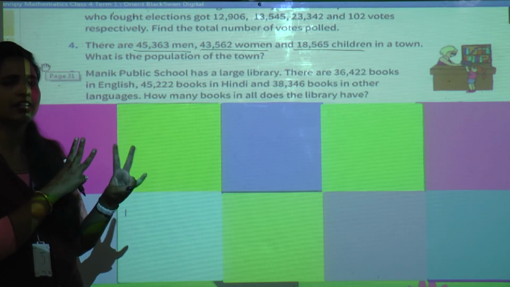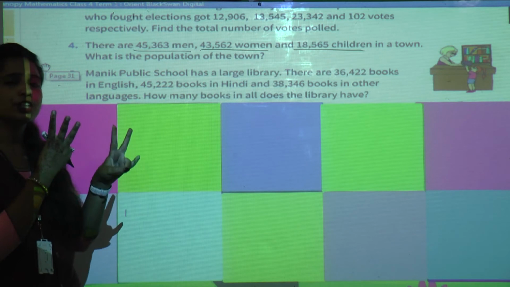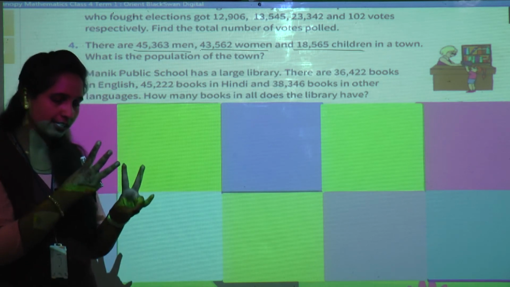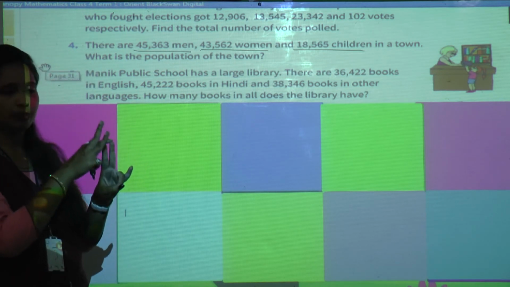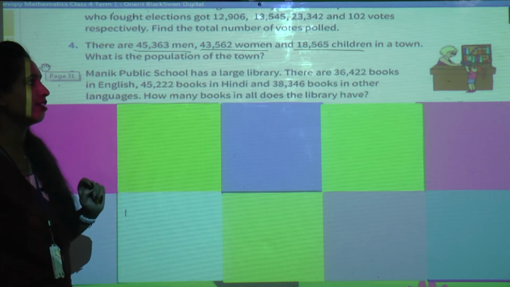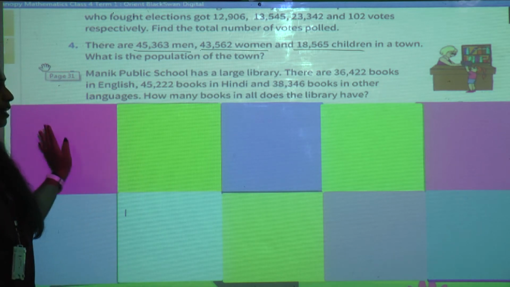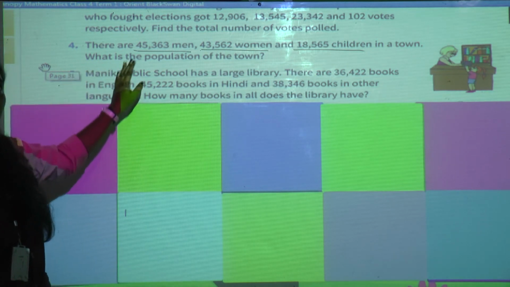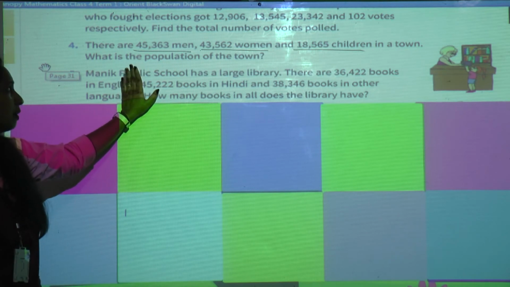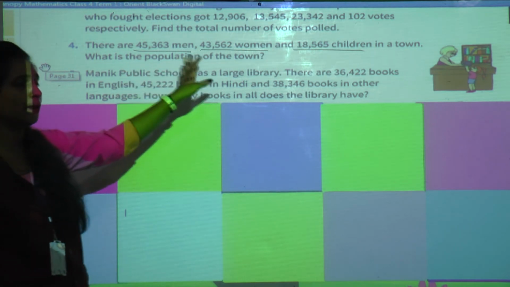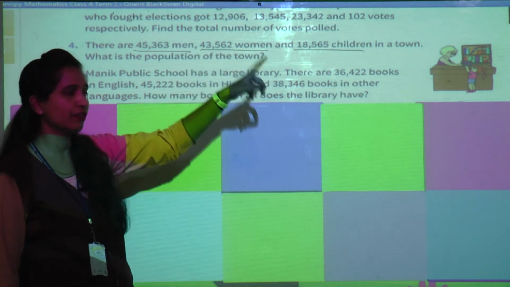I have taken very simple numbers. You will add these 3 numbers. Yes or no? Yes. 3 plus 2 is 5, 5 plus 1 is 6. So in this way you will add. In the same way you have to do the addition, because you have to find out the total population in the town. They are given different numbers.